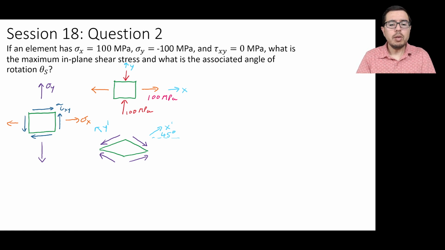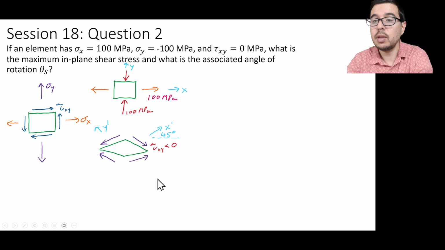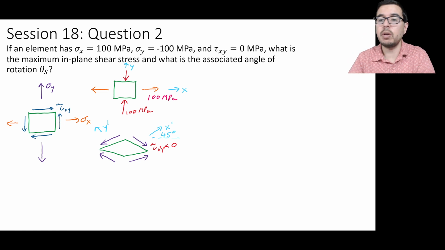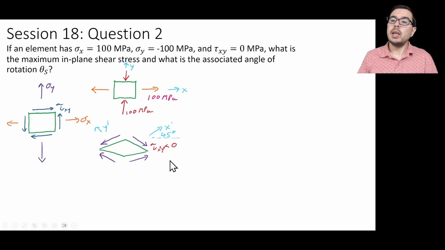But if we look at the direction that these stresses end up acting on the x prime face, what we see is that the stress is in the minus y direction. Okay, so this is supposed to be parallel to that. So that means that this should be tau x prime y prime, which is going to be less than 0.